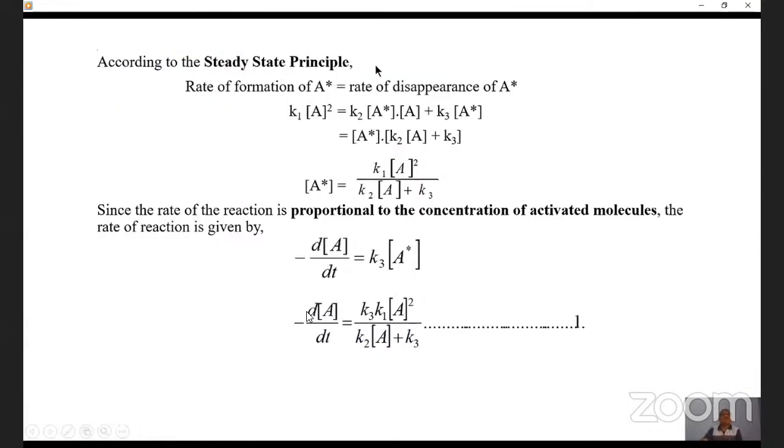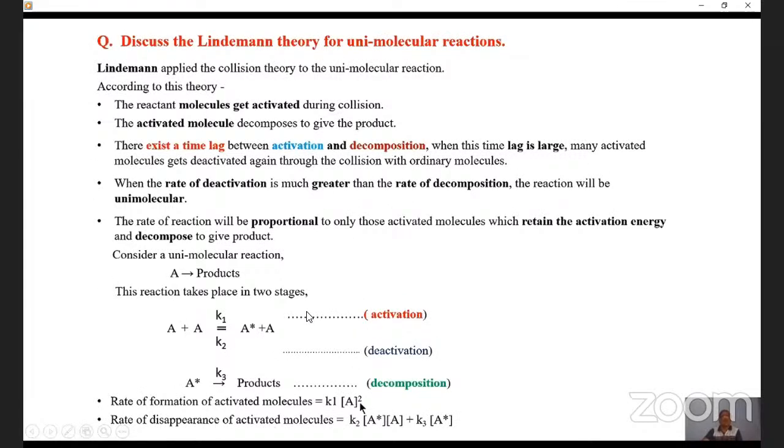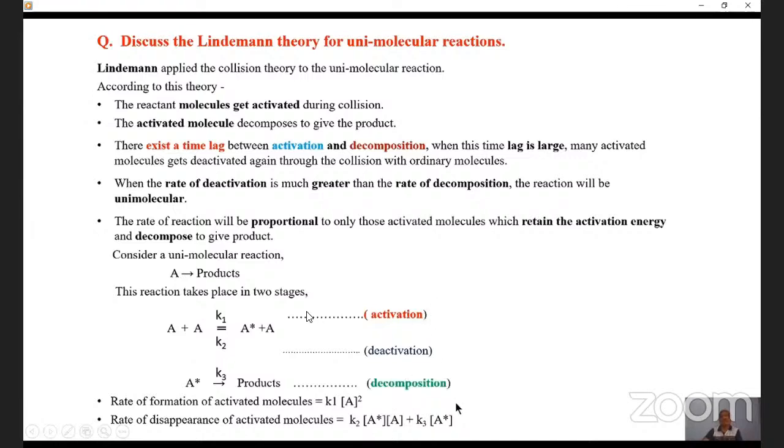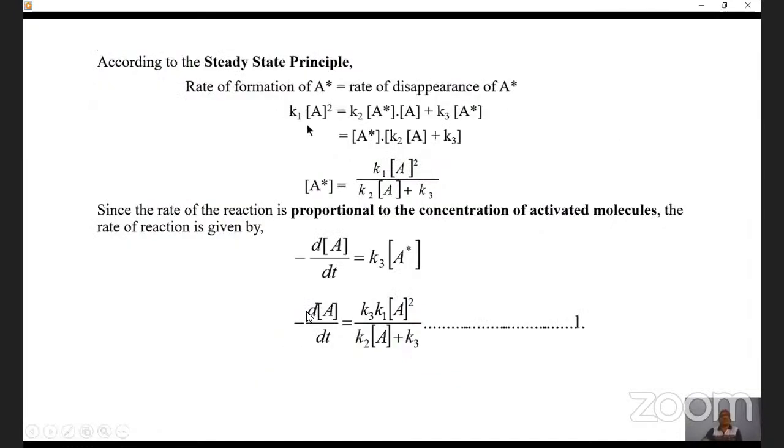According to the steady state principle, the rate of formation of an activated molecule A star is equal to the rate of disappearance of the activated molecule. So the rate of formation of an activated molecule is given by K1 concentration of A square, and the rate of disappearance of an activated molecule is given by this equation. We can simplify this equation.